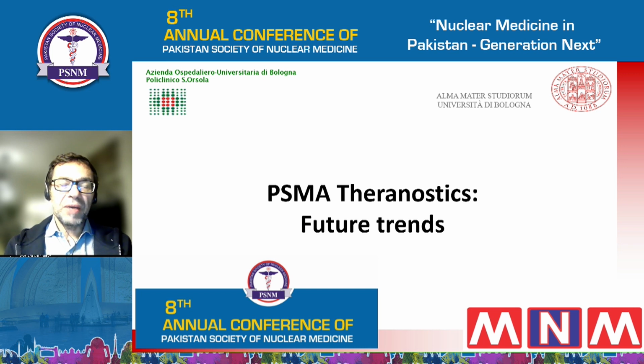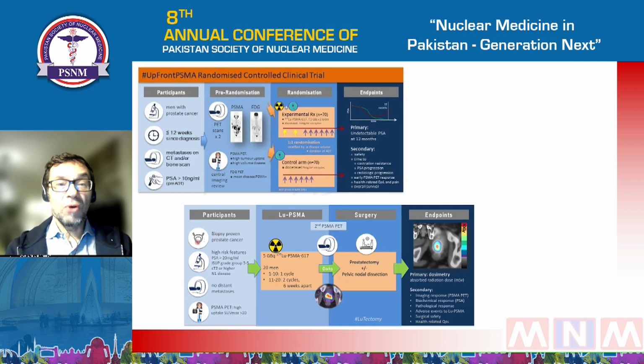What can we expect? And I'm happy to tell you that the future is really now, because literally a few hours ago, one of the most expected trials has been reported at ESMO. It was the PSMA-4, and here are two other trials, which are the lutectomy, which is to say using PSMA much before CRPC, so in patients who are still in an earlier phase of the disease, because essentially the trend is to not wait for the patient to be castration resistant, but to adopt it before.